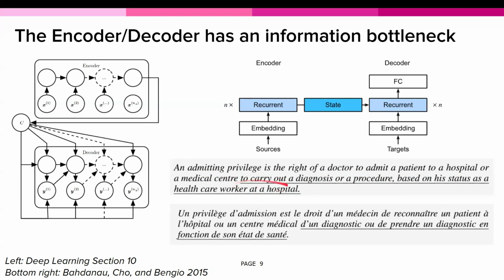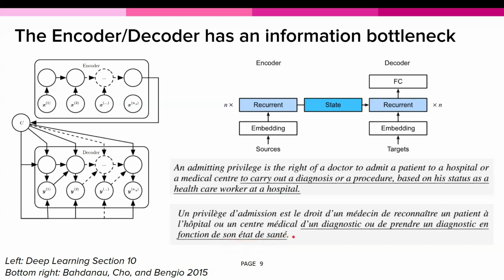But when the encoder decoder architecture was applied to this fairly long sentence, what ended up happening was: privilege of admission is the right of a doctor to admit a patient at a hospital or a medical center for a diagnostic or to take a diagnostic test for a diagnostic procedure based on the state of his health.